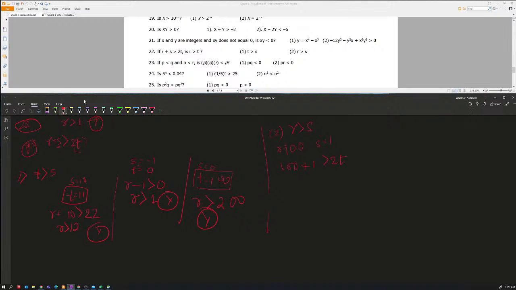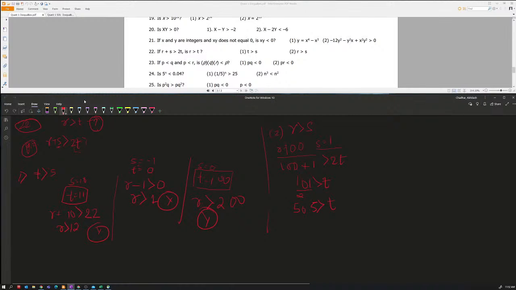So in that case, 101 divided by 2, that means 50.5, is greater than t, so t is smaller than 50.5. Since t is smaller than 50.5, and r is 100, is r greater than t? Here definitely r is greater than t.